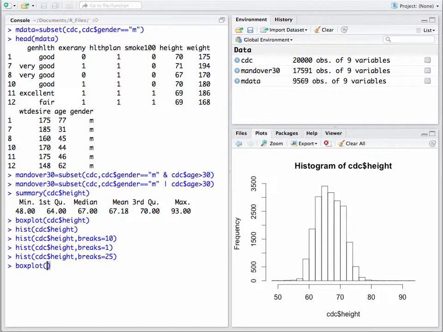And now what I can do is put in CDC, and I type in height. And now your tilde, that is above your tab key. If you look above your tab where your tick mark is, that's a shift tick, gives you the tilde. And so now I'm going to put in there the heights. So I'll put in CDC height.